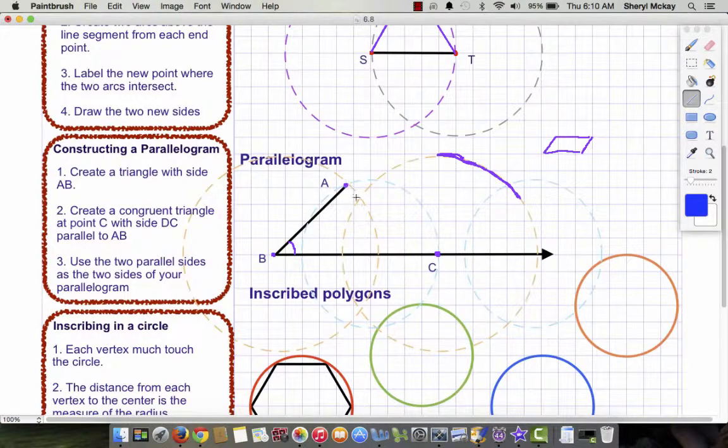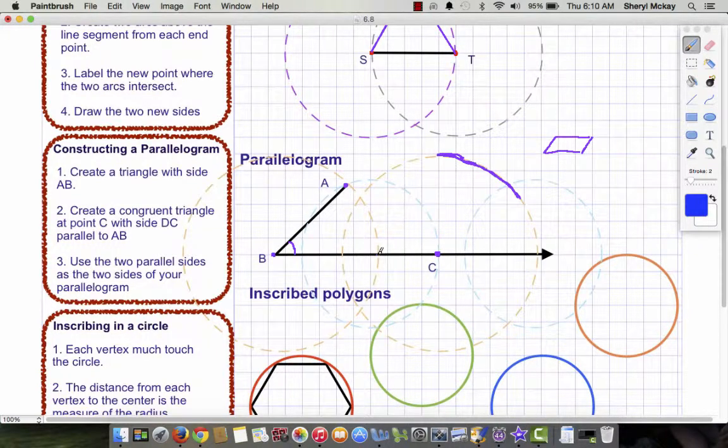I'm going to bring my pencil down to ray BC so that it's touching, okay? So I'm going to come down, and I'm going to touch this ray. And once I touch it, I'm going to make a point, okay?